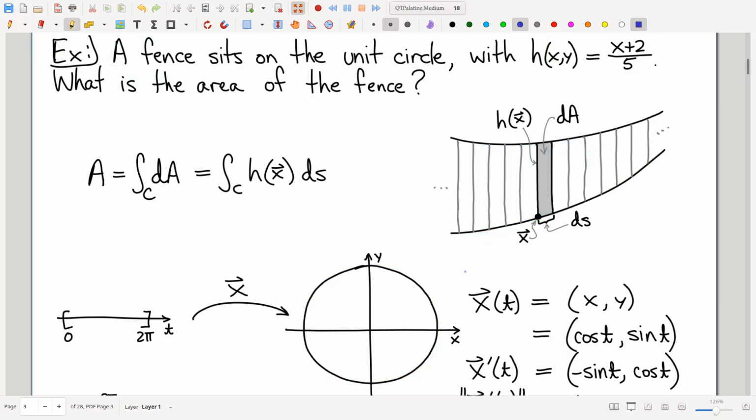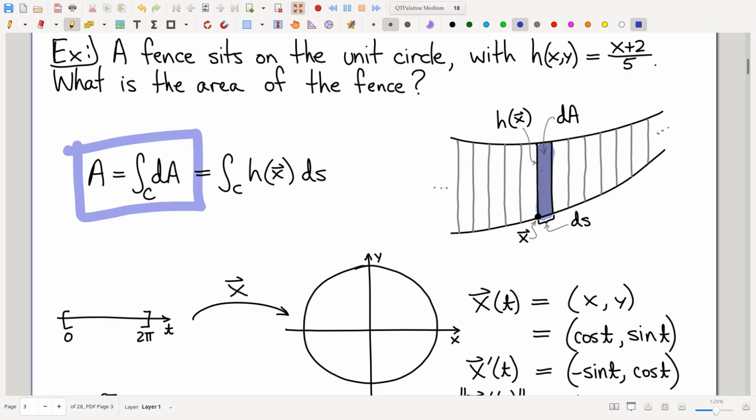Alrighty, so I start with, as usual, an accumulating quantity. Area is an accumulating quantity. The whole is the sum of the parts. The total area of the fence is the sum of the areas of the pickets, these little strips of fence.